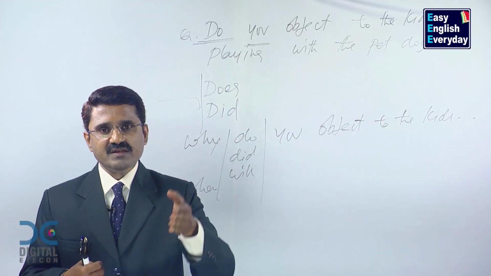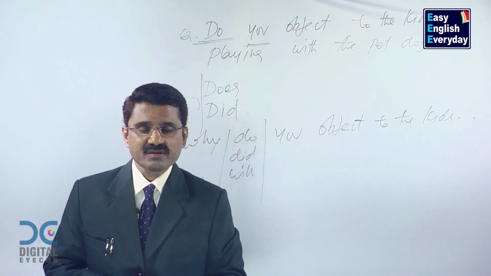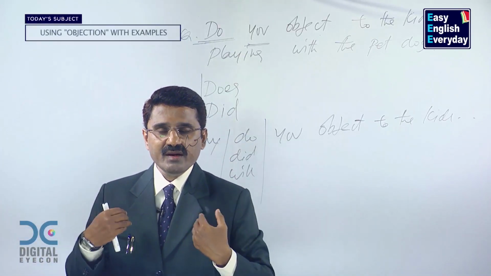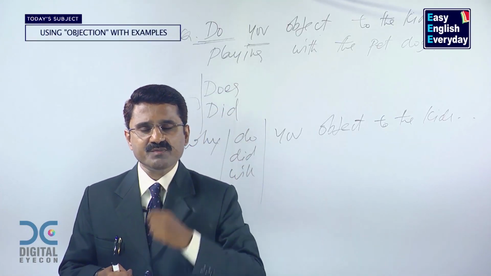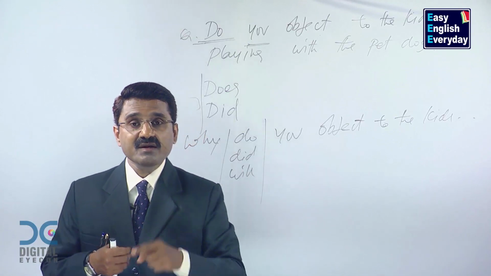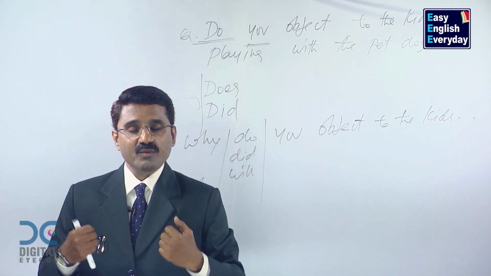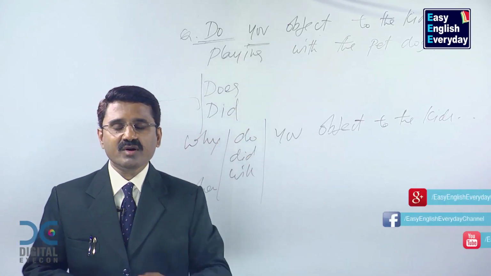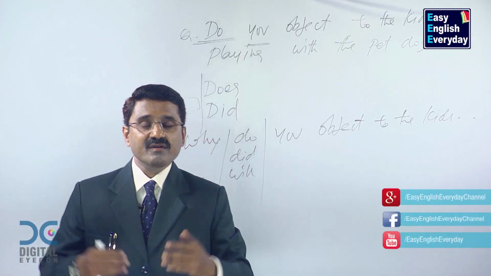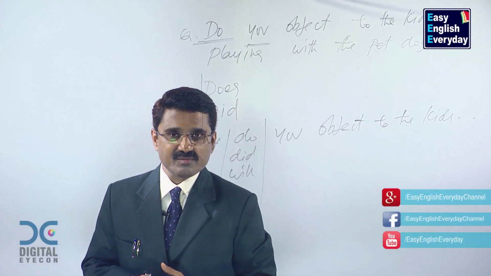We object to you doing lot of grammar-based exercises. We object to you noting down points and points. We don't object to you watching our videos. We don't object to you listening to lot of English videos. We don't object to you making lot of own examples.